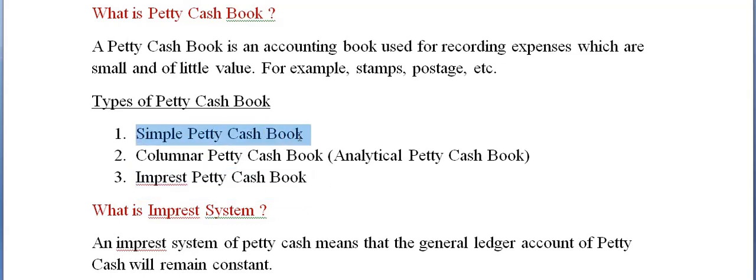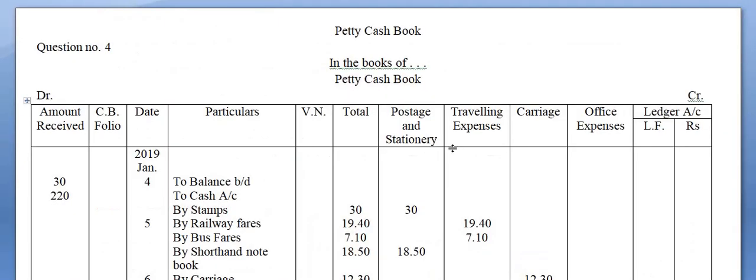Now, the simple petty cash book. This simple petty cash book is quite similar to the cash book, that is this. In the simple petty cash book, there will be only an amount received column. This CB folio, and this date, particulars, voucher number, and total. That's it, only 1, 2, 3, 4, 5, 6. Only 6 columns will be there.